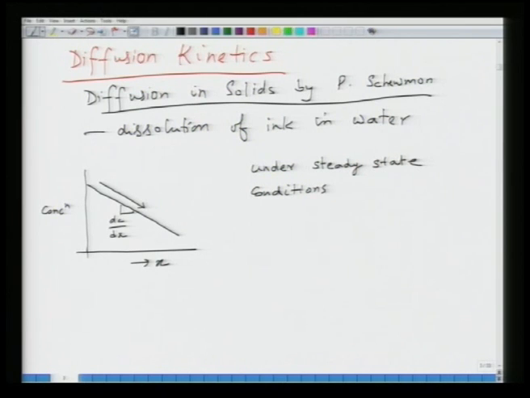So, basically under steady state conditions, atomic flux J, we can see it is proportional to concentration gradient, because atoms have to move from this place to that place. Let us say this is place 1, this is place 2.